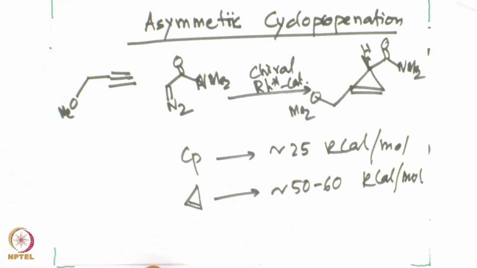So, overall in this part, what we have seen today is the cyclopropanation reaction, and then we expanded the methodology to cyclopropene formation, which is even more energy demanding, and it is usually much more difficult to stabilize and prepare cyclopropene.